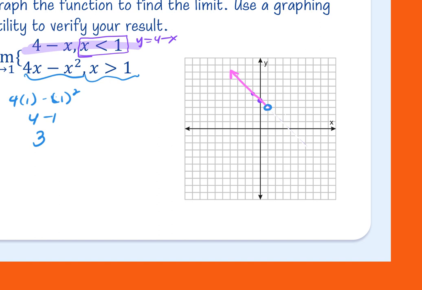And then I would want to know what's happening to the right of it, technically, if I was graphing this. Already I have enough information to answer this question for the limit. But if I wanted to graph it, I would plug in 2. And I get 8 minus 4, which is 4. And at 2, 4, my graph is here.